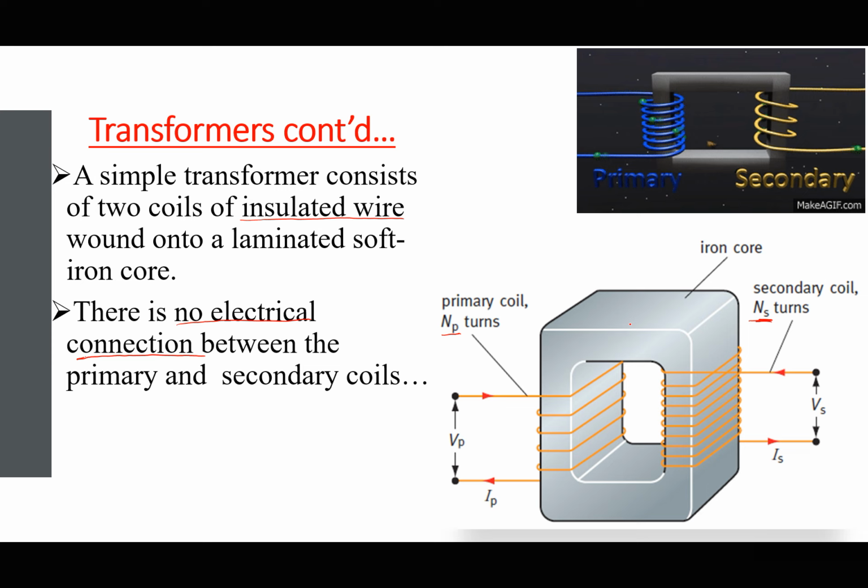The magnetic field has something to spread through so that it reaches the secondary coil. And it is the magnetic field which is going to induce a current in the secondary coil in accordance with Faraday's law, which we shall explore, or you might have explored, in a unit called electromagnetic induction.